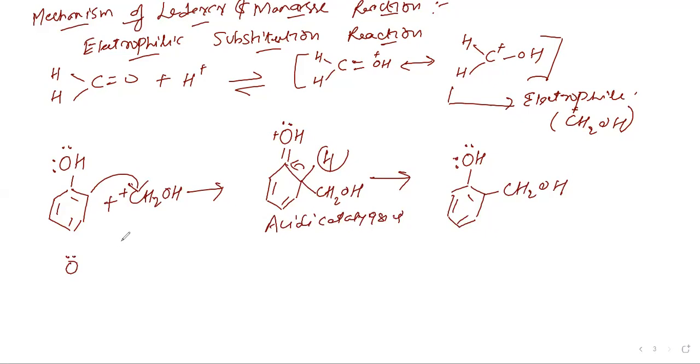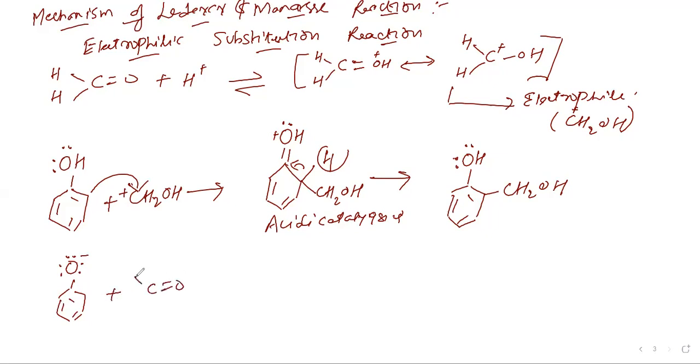The reaction takes place between phenol, right? Sorry, in case of base catalysis, the reaction will take place between formaldehyde and your phenoxide ion. This is your phenoxide ion, like this.